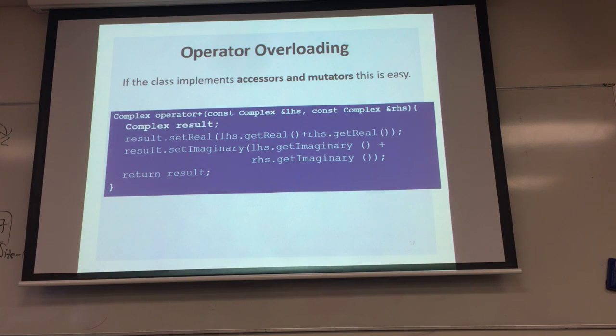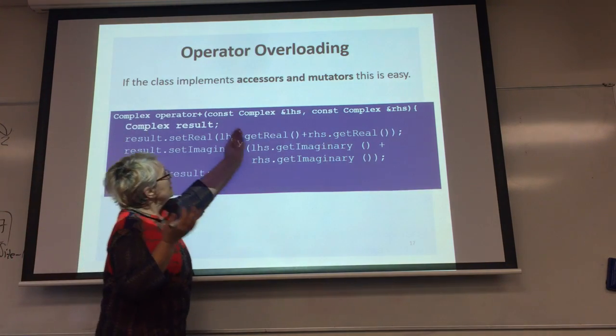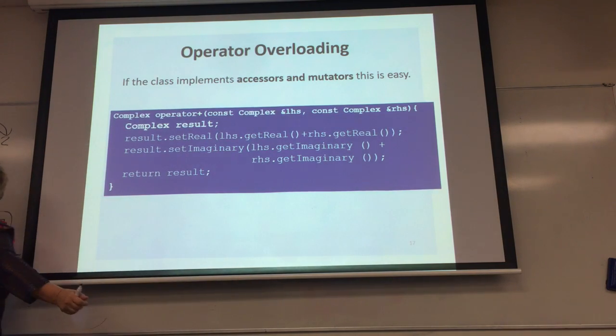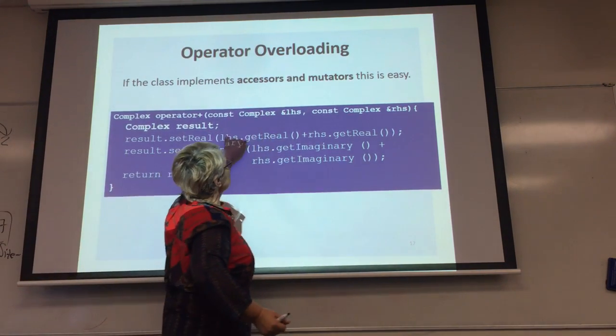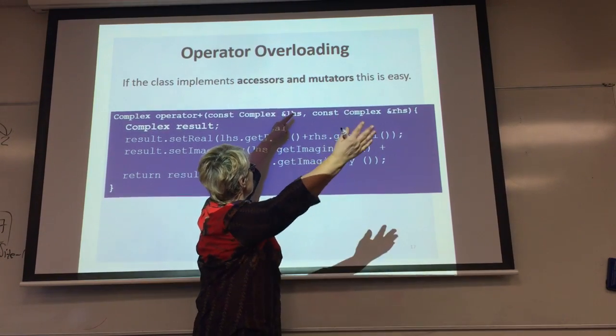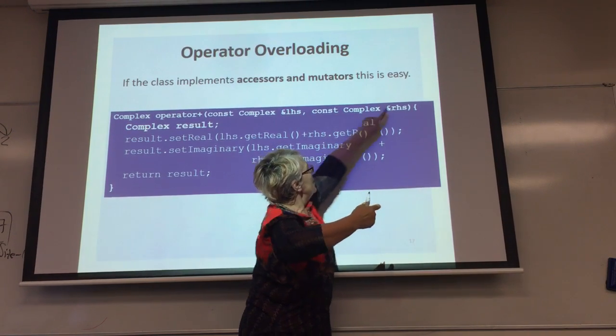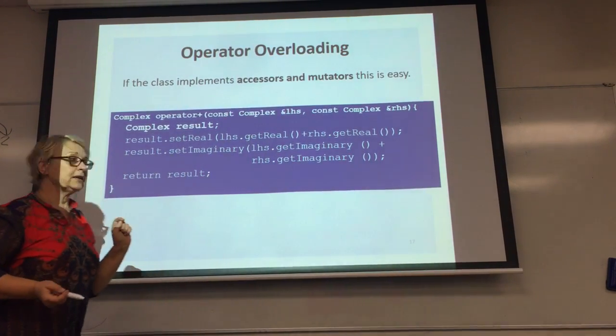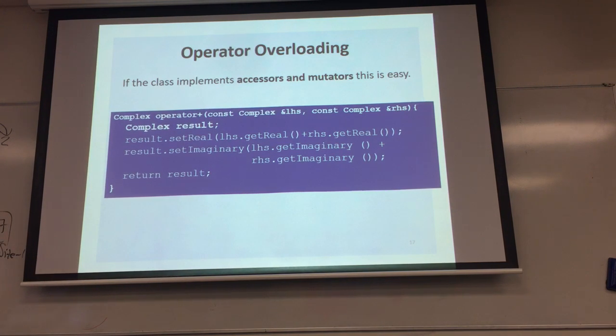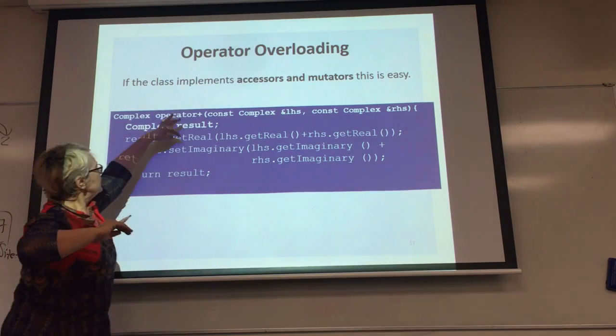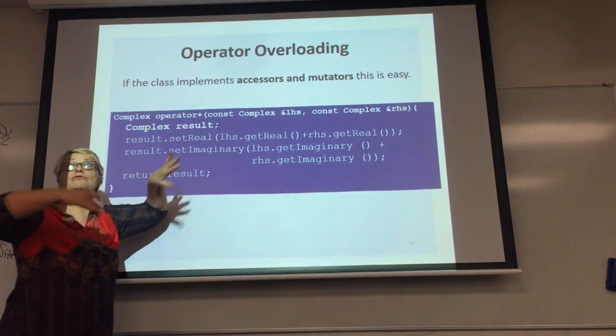We have to have accessors and mutators in our complex class. Get the real part, get this, right? This will give me access to the real part of this first operand, and then this gets access to the real part of the second complex number. So this is get real of LHS plus get real of RHS. We add them, and for the result we call set real.